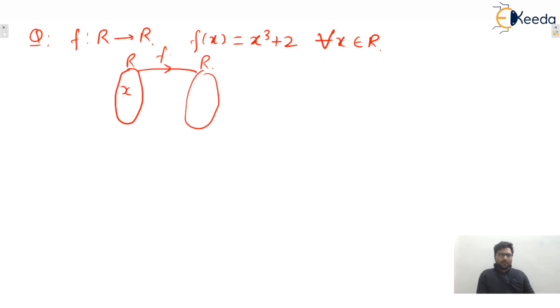So here x is the domain and y is the output, that is the range. Now check whether this one is an onto function or not. That is the question. So what is the procedure, guys?